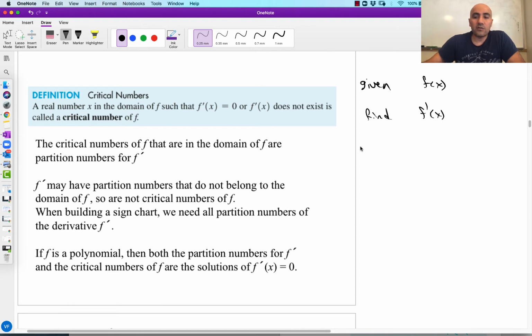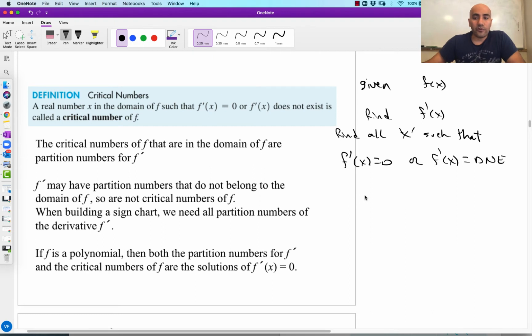We're going to set this equal to 0, and find all x such that either f prime of x equals 0 or f prime of x does not exist. Right, so we find all those x values. Those are the partition numbers. Whatever those values are, those are the partition numbers.